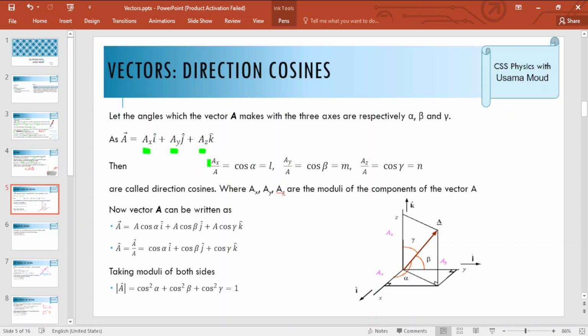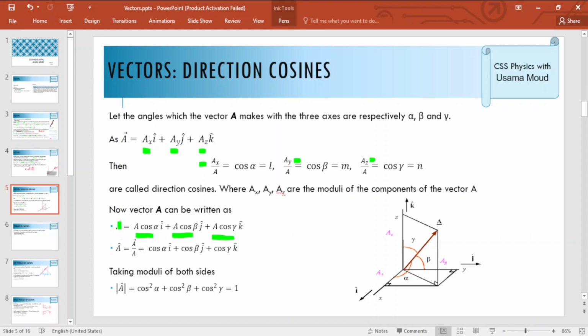Using the simple concept of cos of angle, adjacent side over hypotenuse, we can write three different cosines for the three different angles. So we can rewrite this whole equation in terms of ax, which can be written as a cos alpha. Similarly, ay is a cos beta, and az is a cos gamma.